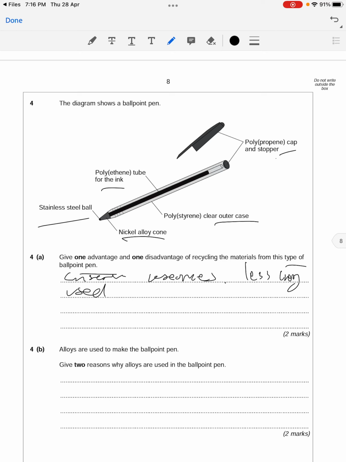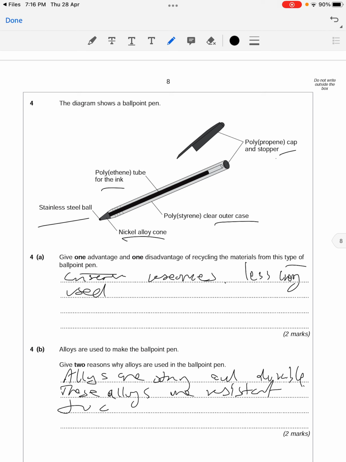Now, alloys are used to make the ballpoint pen. Give 2 reasons why the alloys are used in the ballpoint pen. You have to remember the main properties of alloys. Alloys are strong and durable. They're really hard, and they're also resistant to corrosion.